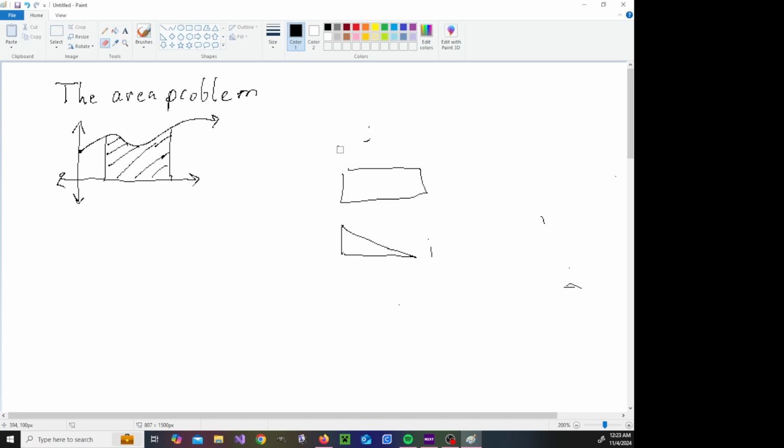So this is kind of the idea for this section: how can I find the area of really, really weird things? But in particular, we're going to look at this in the context of the graph of a function. How can I find the area of this shaded region?